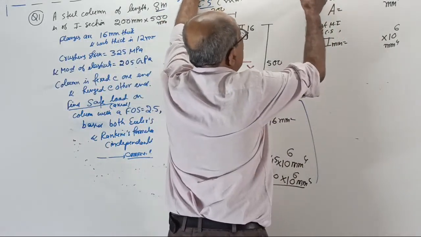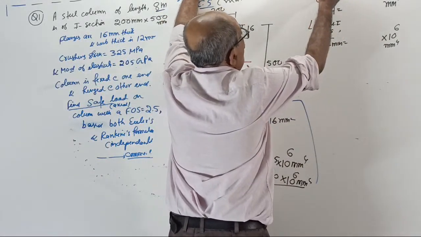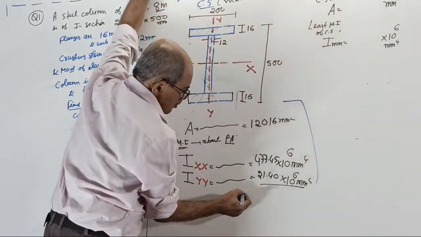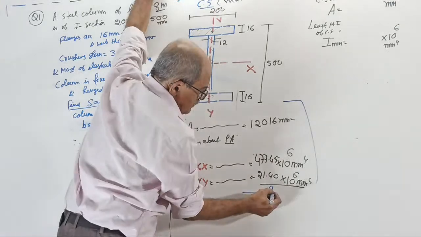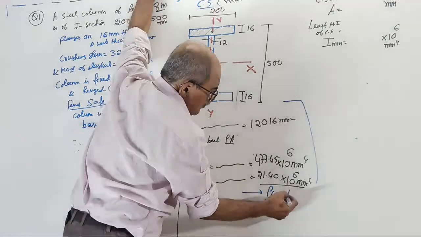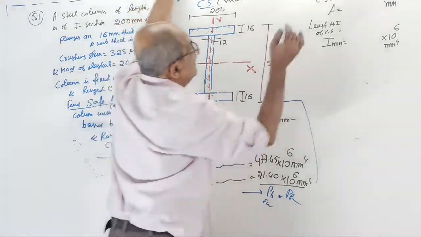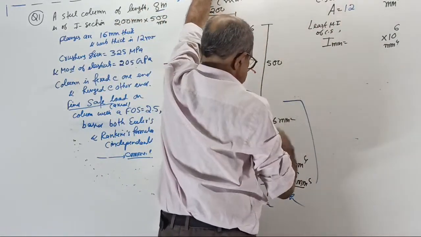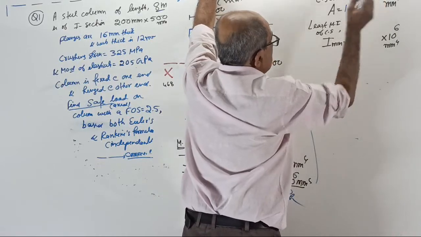Come back to our methods. Either buckling load or failure load. Concentrate on what? Buckling load by Euler or failure load by Rankine. We require area. Already over: 12016 mm square.